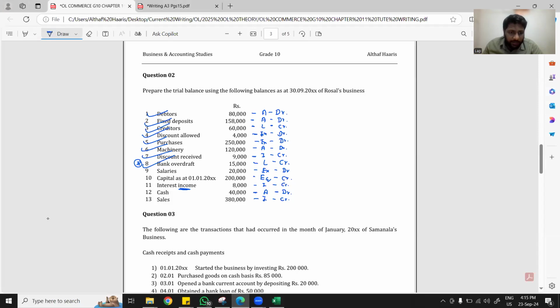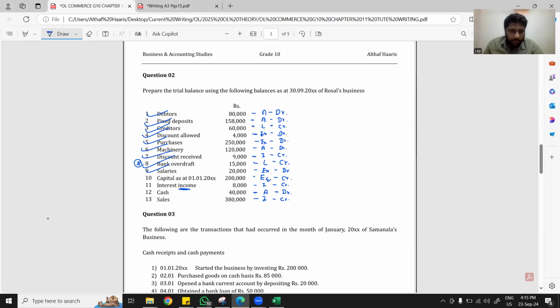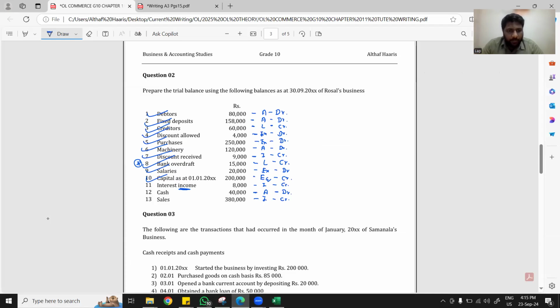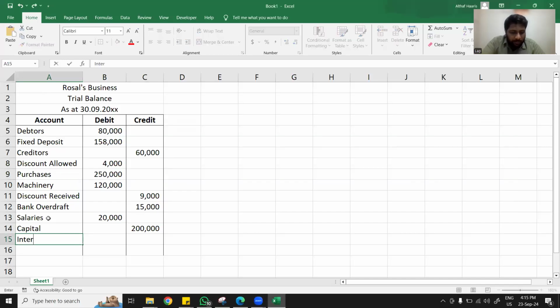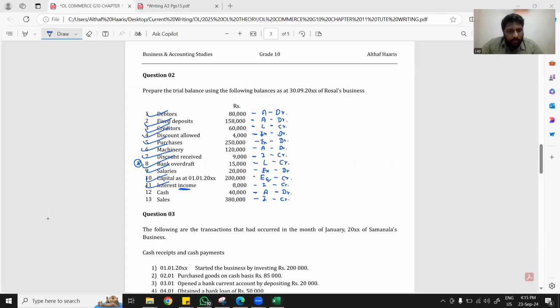Salaries 20,000. Capital 200,000. Interest income credit 8,000. Cash debit 40,000.